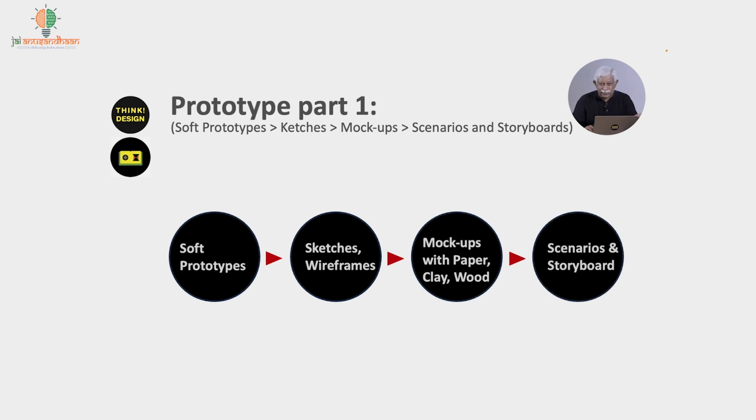You can use all of these methods, some of these methods, or a few of these methods, but the intention is to make your concept visible so that the user can give you feedback, because it makes it easy for them to understand what you're trying to do. Okay, and that is very helpful in iterating and modifying your design.